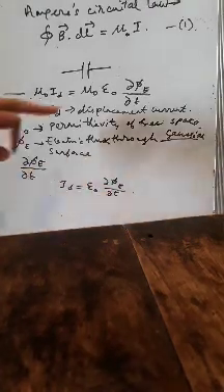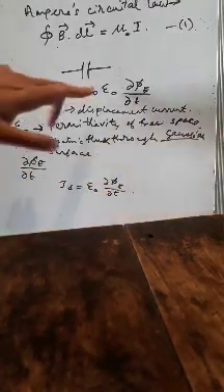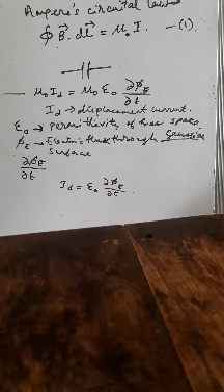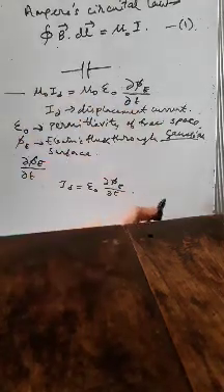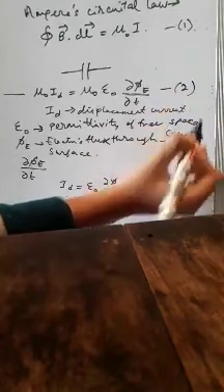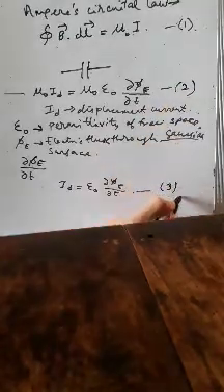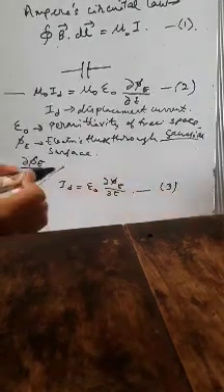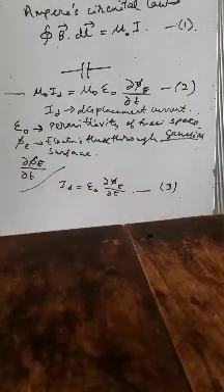It's very obvious that the two mu naught terms on both sides will cancel each other. Alright, so this particular equation I'm writing as equation number 3. This expression represents the varying electric field, as I told you all.